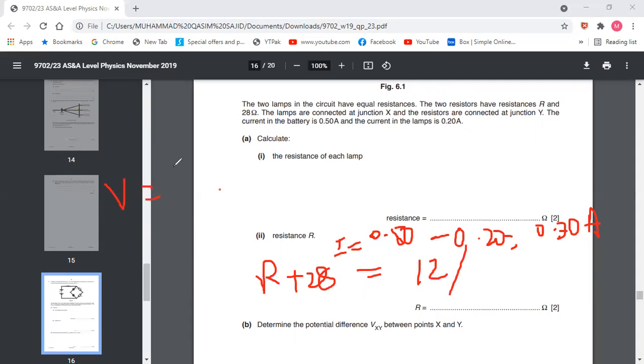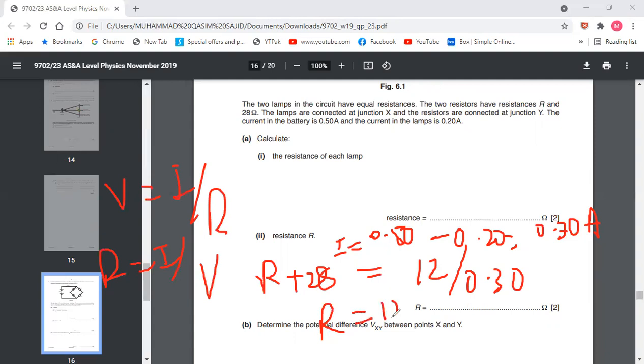Basically V equals IR, so R equals V upon I, where I equals 0.30. So R equals 12 upon 0.30 minus 28. Is this clear?